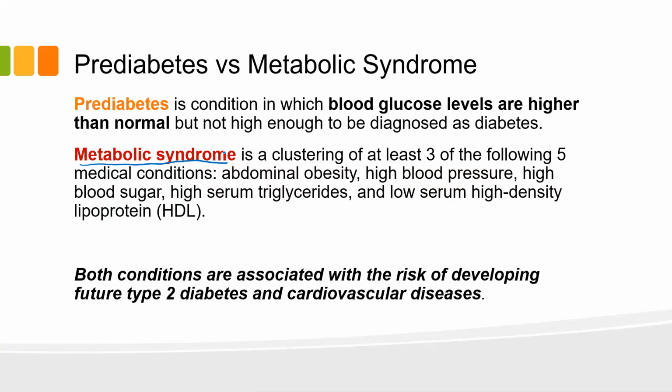That's the good cholesterol, right? So if you have 3 of 5, often they're talking about people having metabolic syndrome, and sometimes it's used sort of interchangeably with prediabetes, although metabolic syndrome is technically worse because it means you usually have a couple more conditions. Both of these things mean you're at risk in the future of getting type 2 diabetes and, of course, cardiovascular diseases.